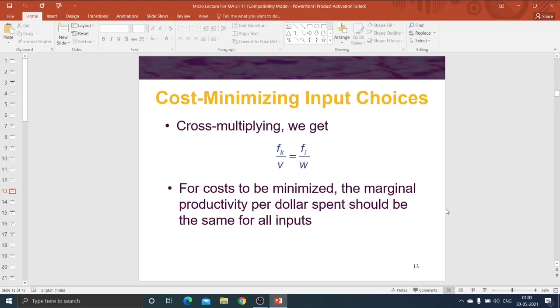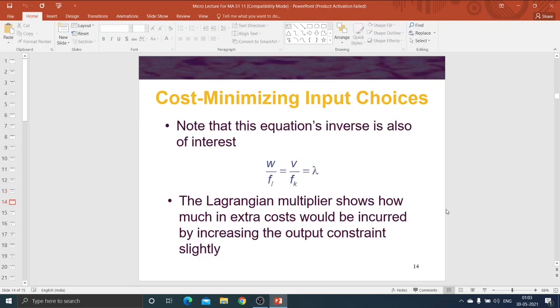For cost to be minimized, the marginal productivity per dollar spent should be the same for all the inputs. We have already seen the same point in the earlier lectures. Our setting is in fact perfect competition.